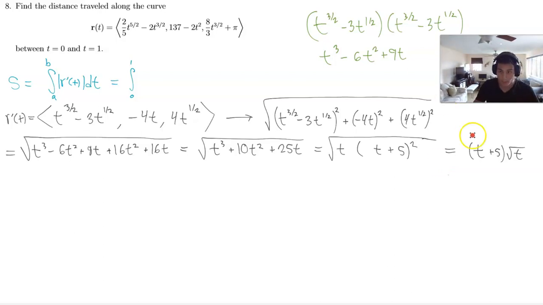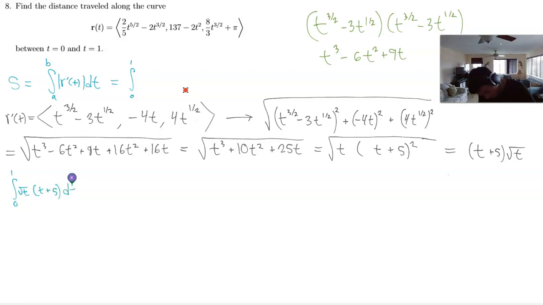Now we can put this back up here, although I'm just going to write it down here. So we get the integral from 0 to 1 of square root t times t plus 5, dt. This is the same thing as the integral of t to the 3/2 plus 5t to the 1/2 dt.